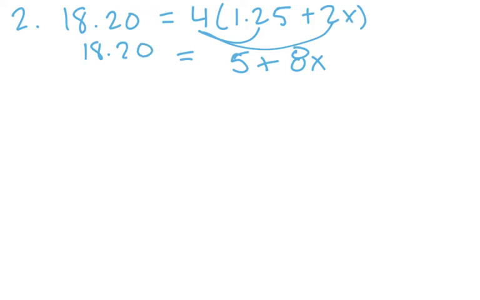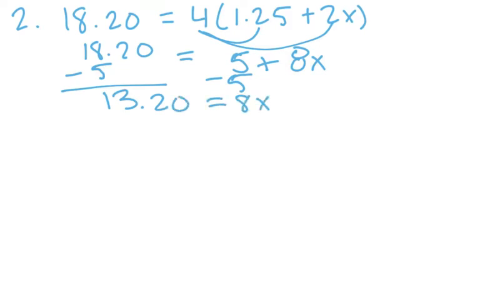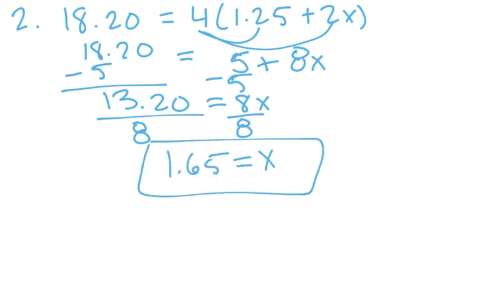Now we're going to get this 5 out of the way, and we're going to subtract that from 18.20, which is going to give us a total of 13.20 equals 8x. Now again, we want this x by itself, so we're going to divide by 8 on both sides, leaving us with a total of 1.65 equaling x, which is our total for how much each hot dog costs.